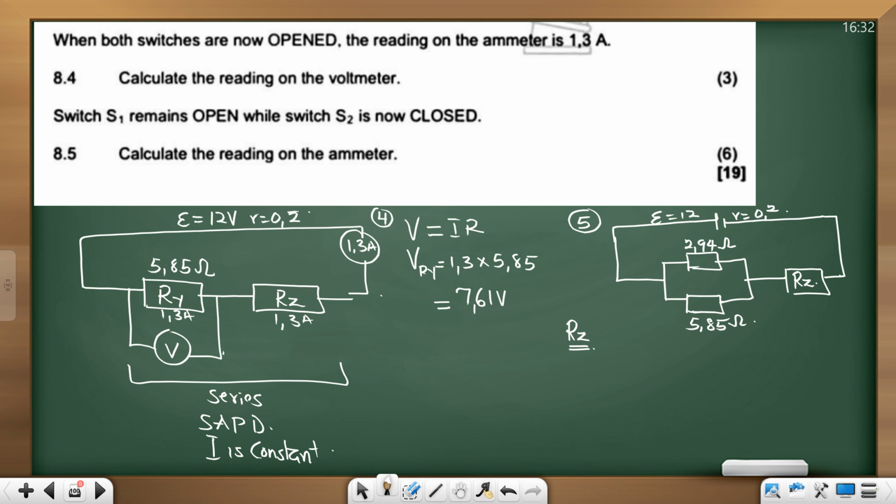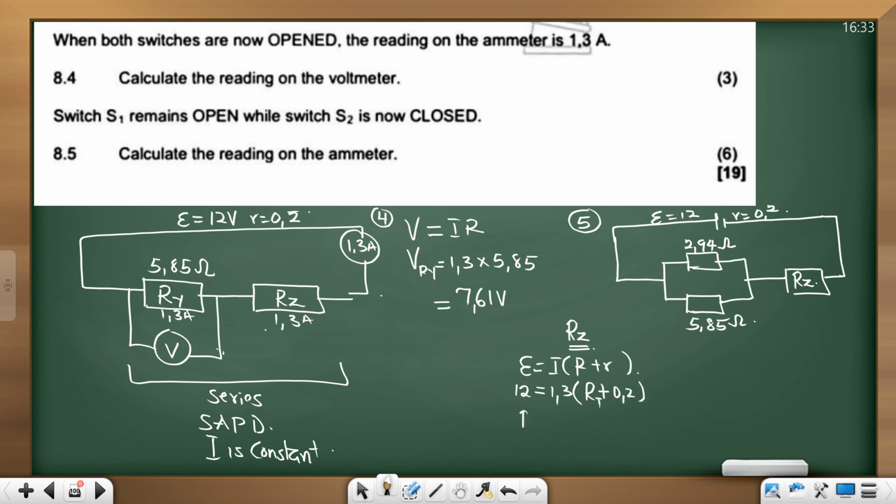Rz, what do we know? Voltage, E. Do we need that? I want to work it out without calculating that, but it's fine. From the previous question, what is my E? 12, 1.3, R plus 0.2, R total.